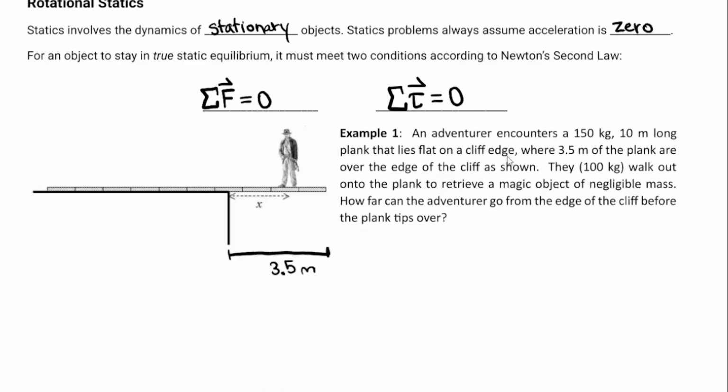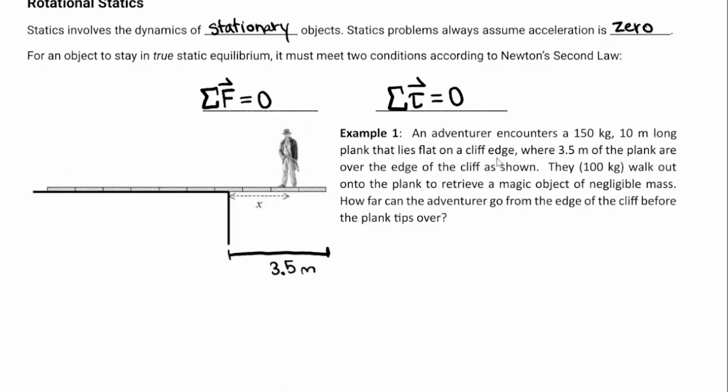So let's look at the plank first. If you remember back in the momentum and impulse unit, when we were covering center of mass, we tend to generalize all of the mass of an object into its center of mass, to a singular point.